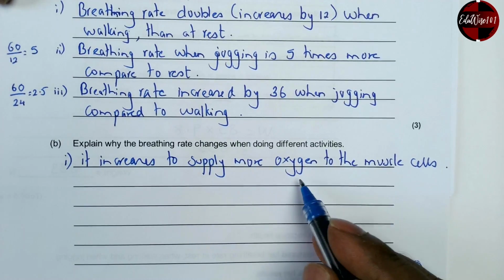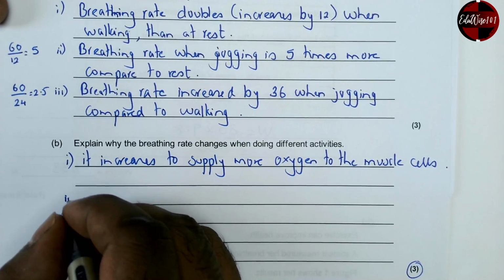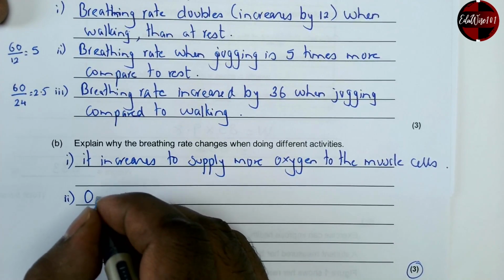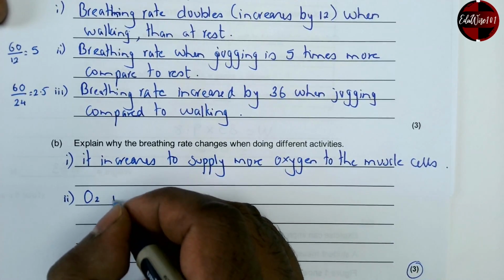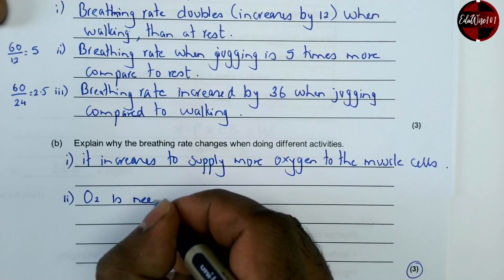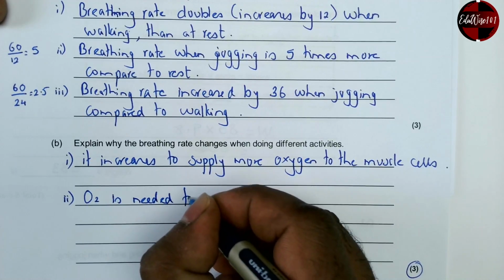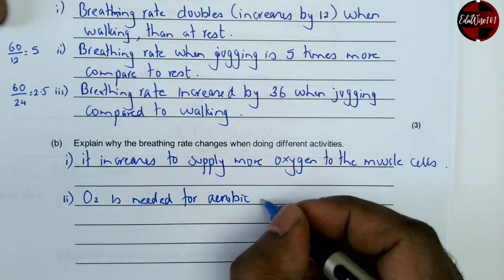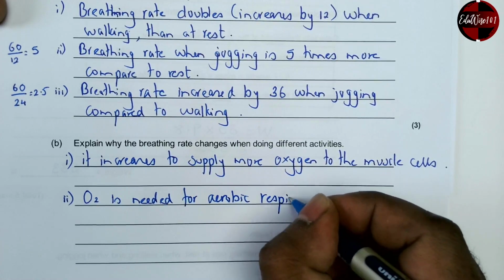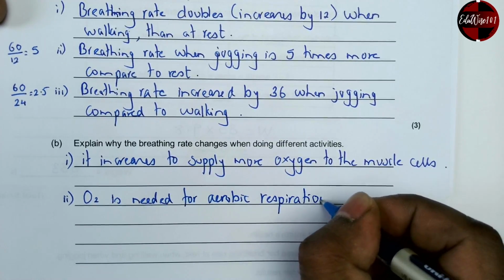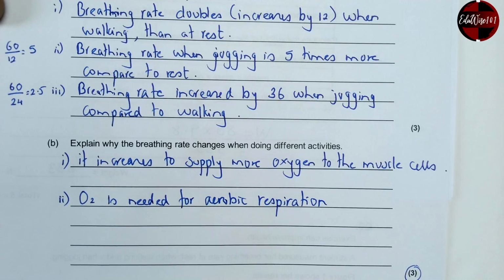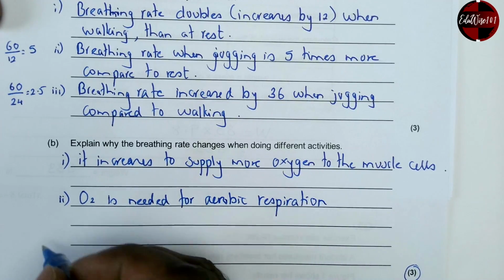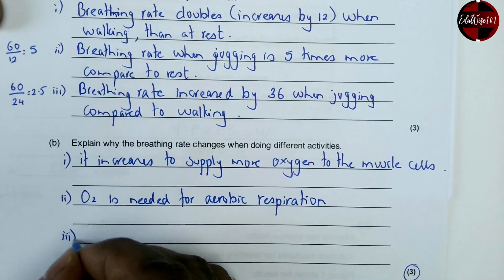Now, why do you need oxygen? O2 or oxygen is needed for aerobic respiration. What is the point of having aerobic respiration? Third point.